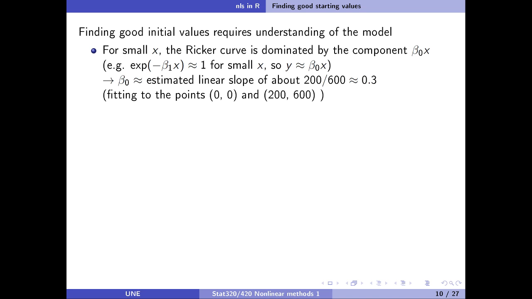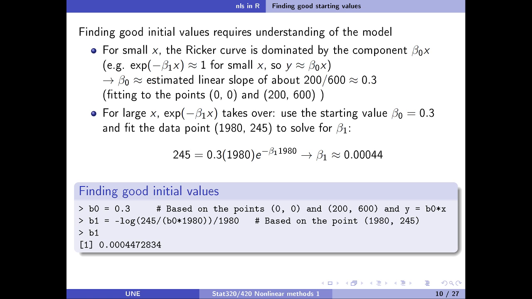So what can we do to find beta 1? Well, later on in the curve, the exponential term will really start to become important. So what I'll do is I will take that 0.3 that I'm using for beta naught, and then I'll take a large data point. So the data point 1980, 245. So that was kind of my most extreme value of x.